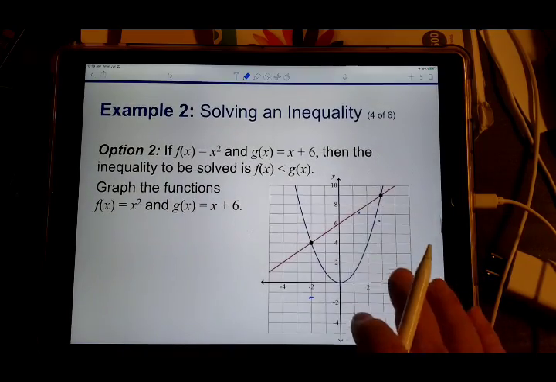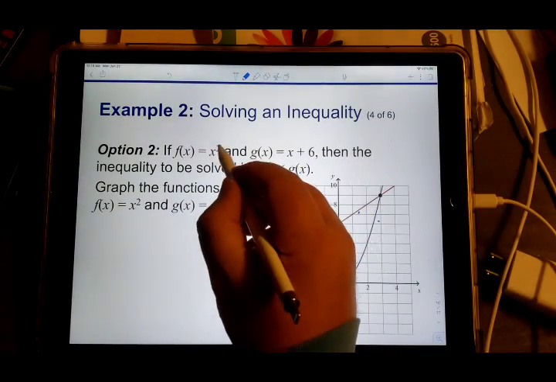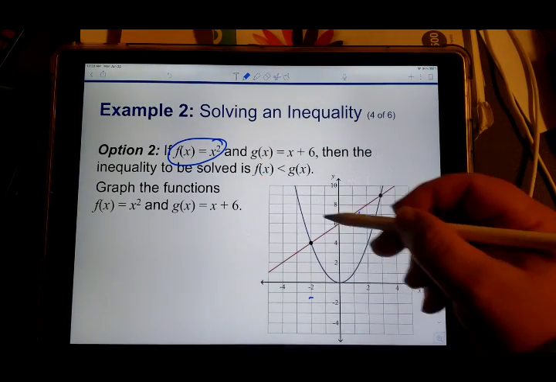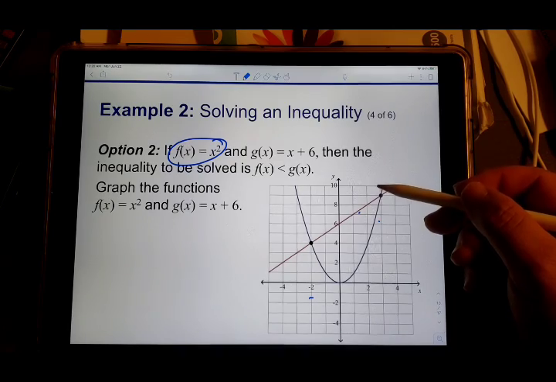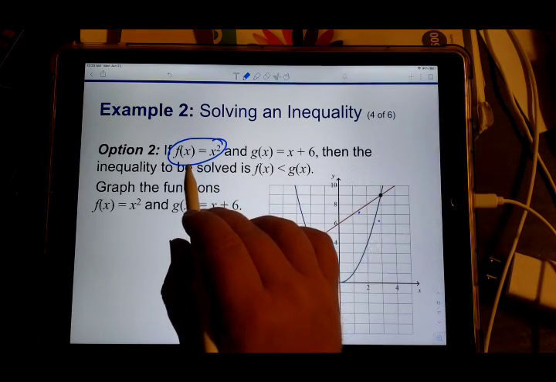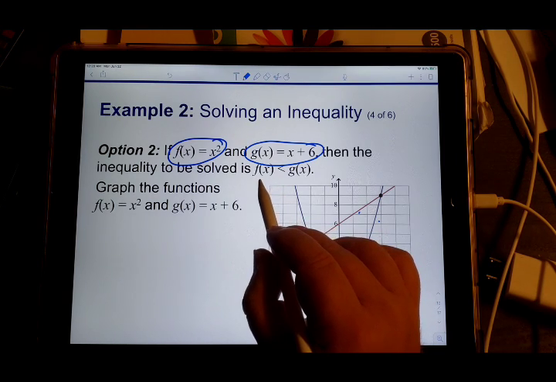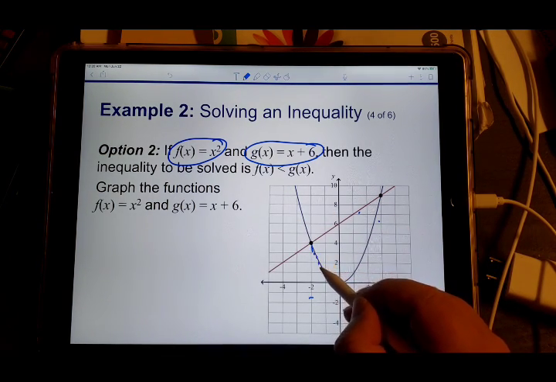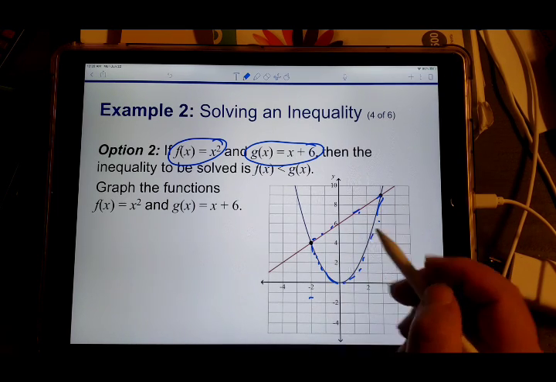I really like this question because it gives you a parabola and a line, which you may or may not have drawn. I don't want to assume that you have this beautiful picture when you're doing this problem. Basically you want to know, when is the parabola, which is down here, underneath the line, which is up here?